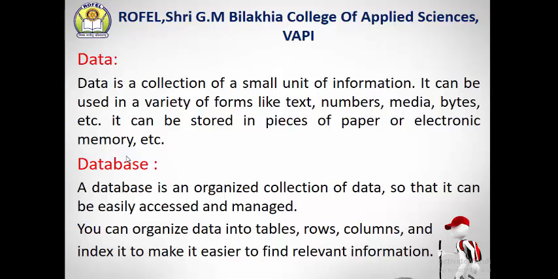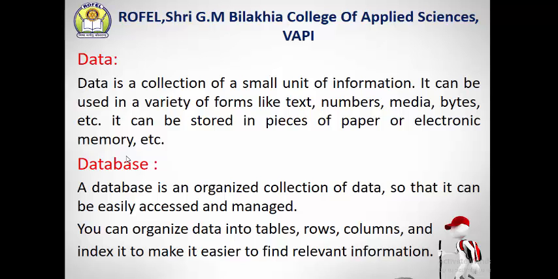Now what is a database? A database is an organized collection of data so that it can be easily accessed and managed. Organized collection of data means some kind of information is stored in some unit. When you have information like student roll number, student name and all, you can write it in different columns, so you can easily access or manage whichever you want.